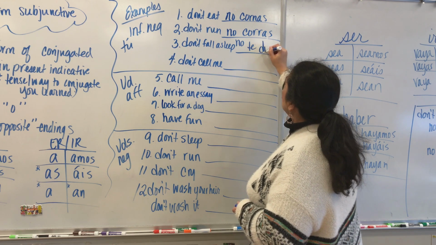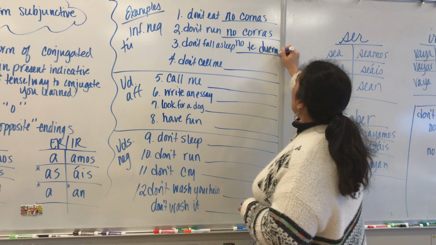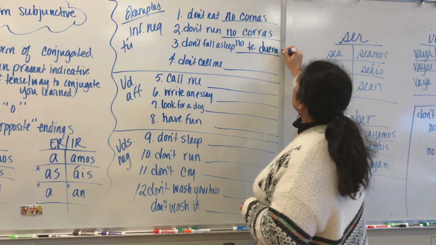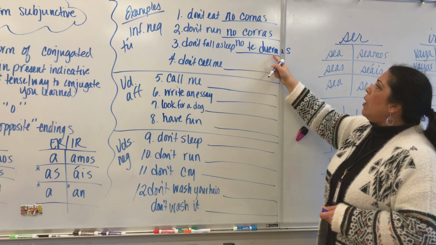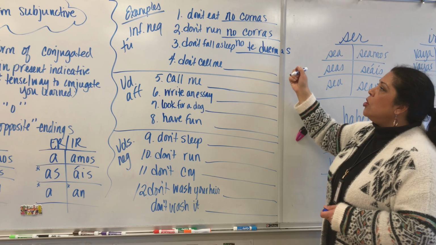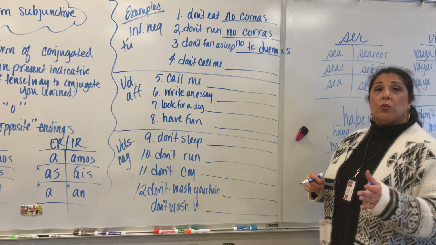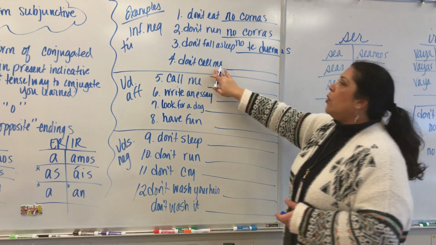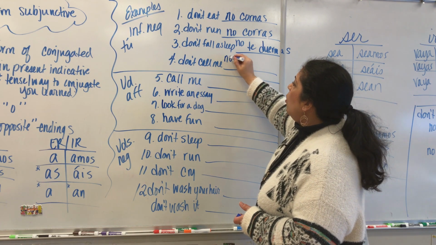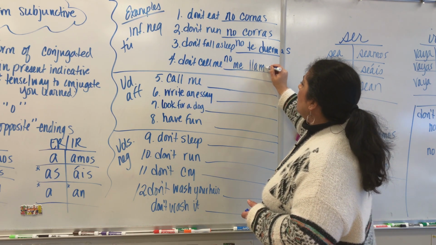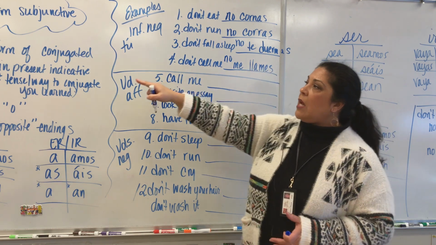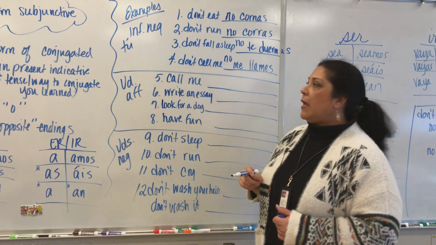No te duermas. Writing on the little line there, hopefully you can see it. D-U-E-R-M-A-S. Don't call me. Ooh, this is a good one because we have a pronoun. No me llames. And these would all coincide with square number 2 for the negative.